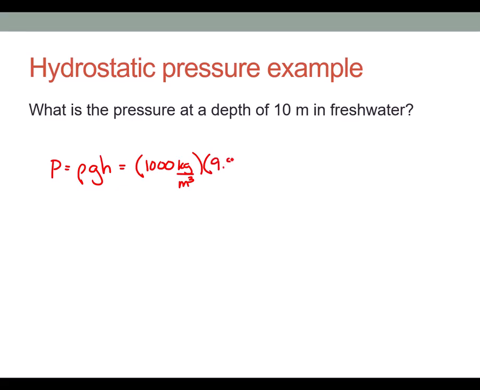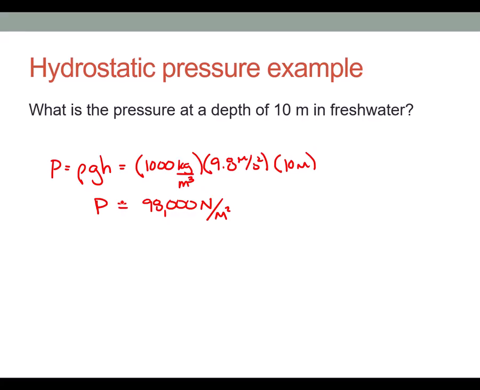Gravitational acceleration is 9.8 meters per second squared. And our depth here is 10 meters. If you multiply that all out, it works out to be 98,000 newtons per meter squared, or pascals, of pressure when you go down that far.